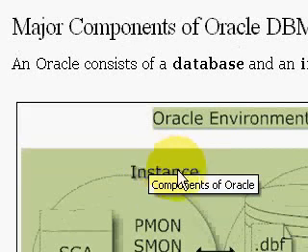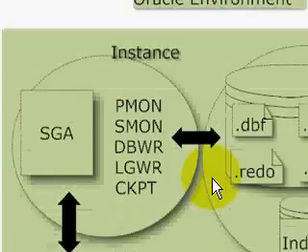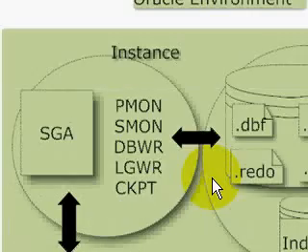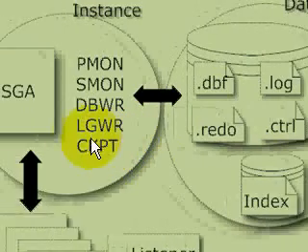Okay, the major components of an Oracle database: Oracle is typically set up in a Unix environment, and the two major components are the database and the instance.